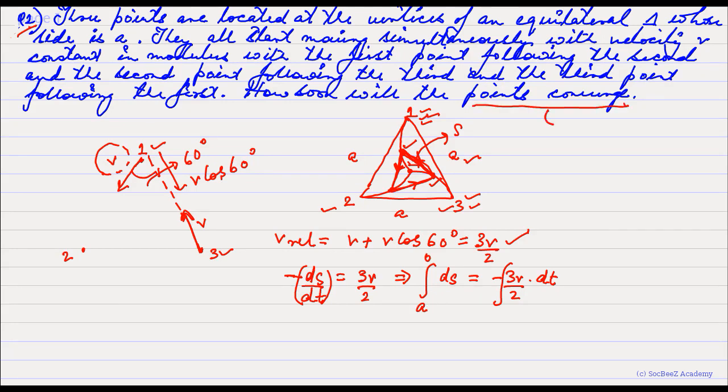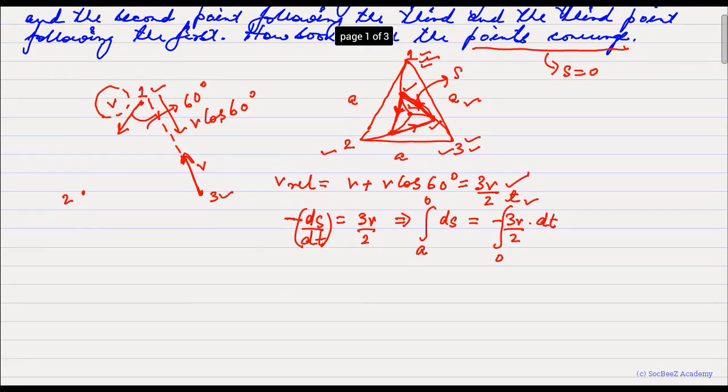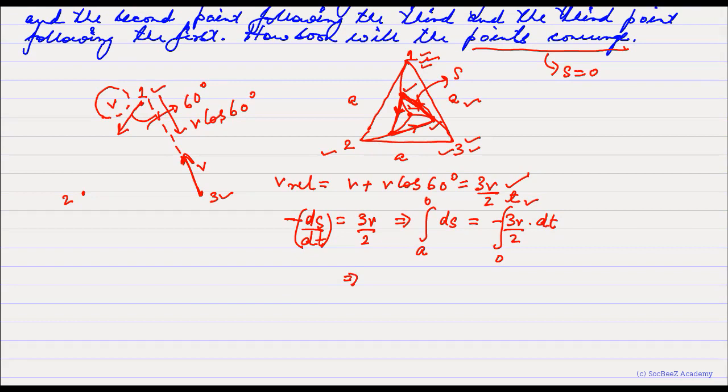And this should be from 0 to t, and we basically need to find this value of t. So if we integrate it, we get 0 minus a equals minus 3v by 2 into t, which gives t as 2a by 3v. So this is going to be the time the particles take to converge with each other.